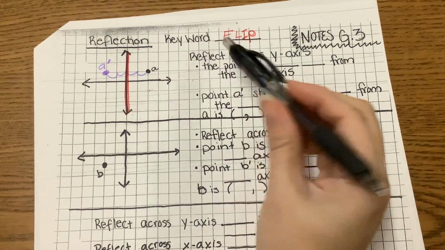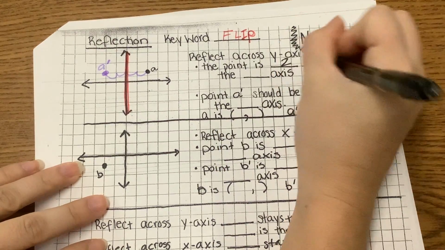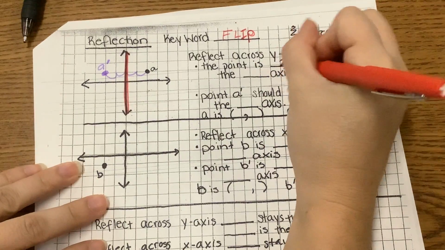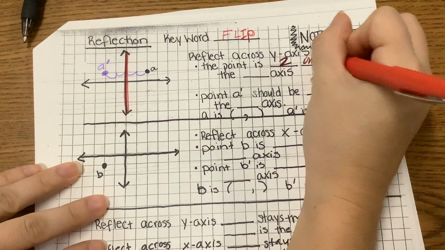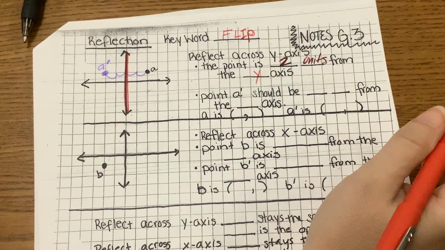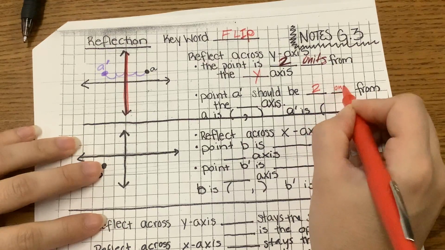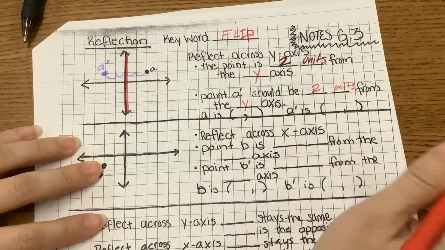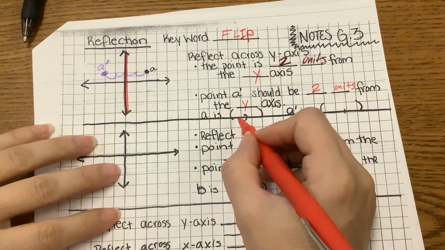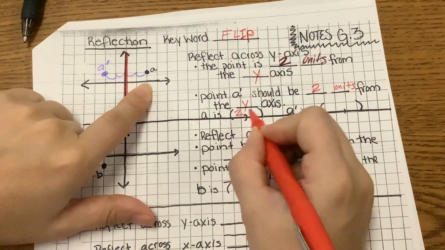All right, so reflect across the y-axis. The point is 2 units, I should use my red marker, it's 2 units from the y-axis. Point A prime should be 2 units from the y-axis. So what is the ordered pair for A? (2, 1).